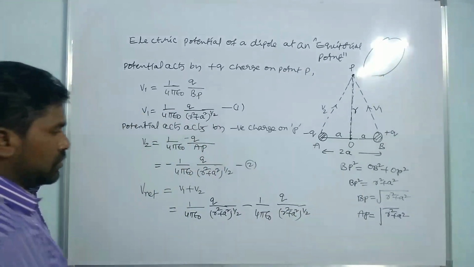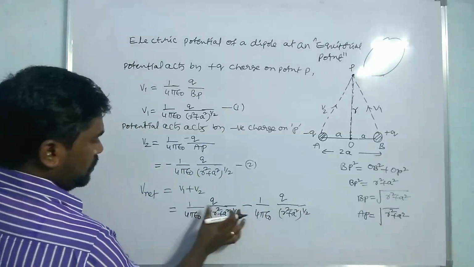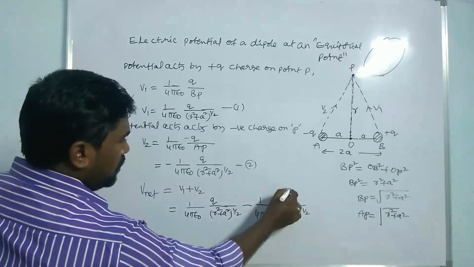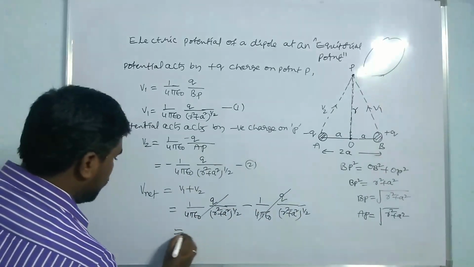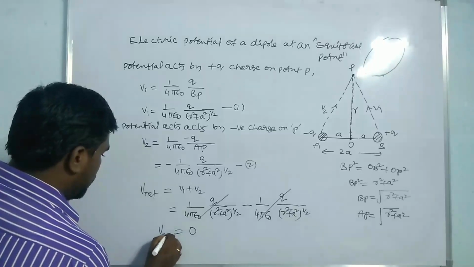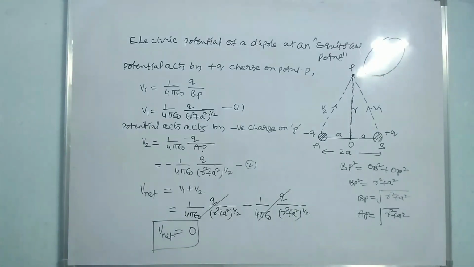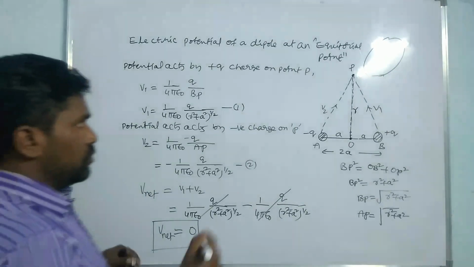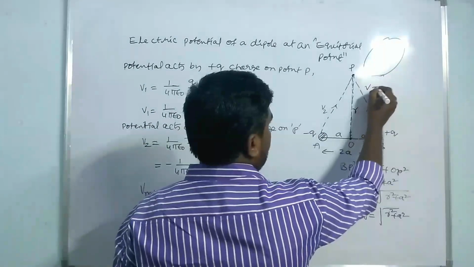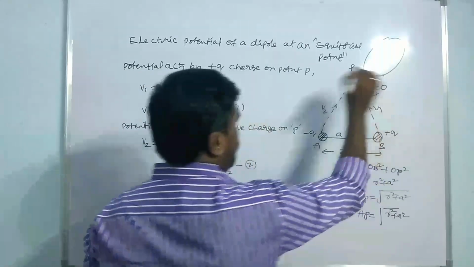Right? So these two values are the same and they cancel. That is equal to 0. So the net potential at an equatorial point of a dipole is 0.